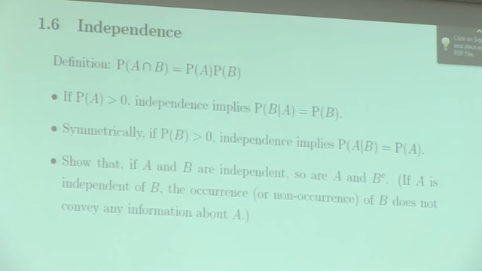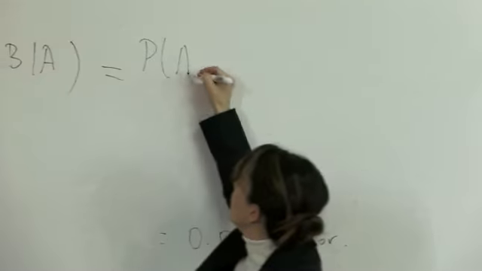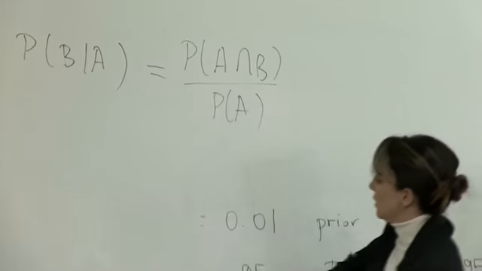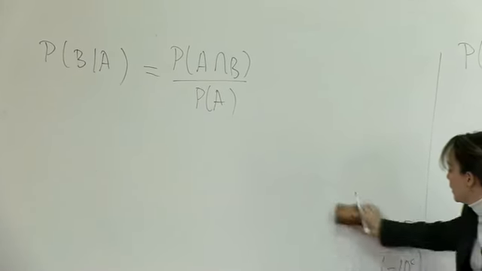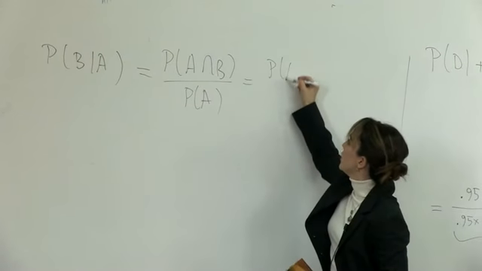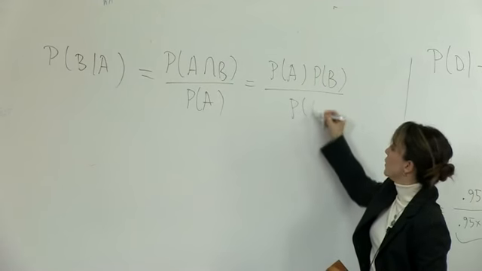So, P of B given A, we have the definition of conditional probability, which says this is P of A intersection B divided by P of A. And we have the definition of independence, which says that the numerator breaks up into P of A times P of B. Okay?